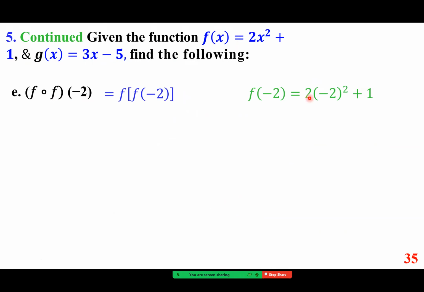This one is 4 times 2, 8, and 1 becomes 9. Therefore, you're looking at f of 9. So f of 9, 2 times 9 squared, this is 81 times 2 plus 1. So 2 times 81 is 162, and 1 becomes 163.